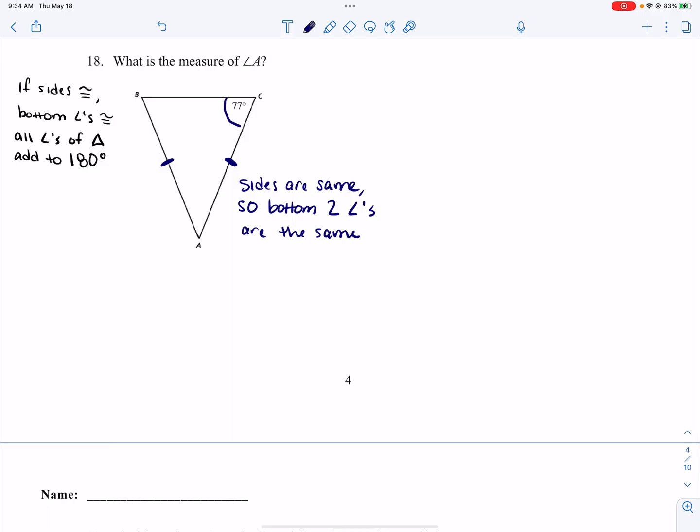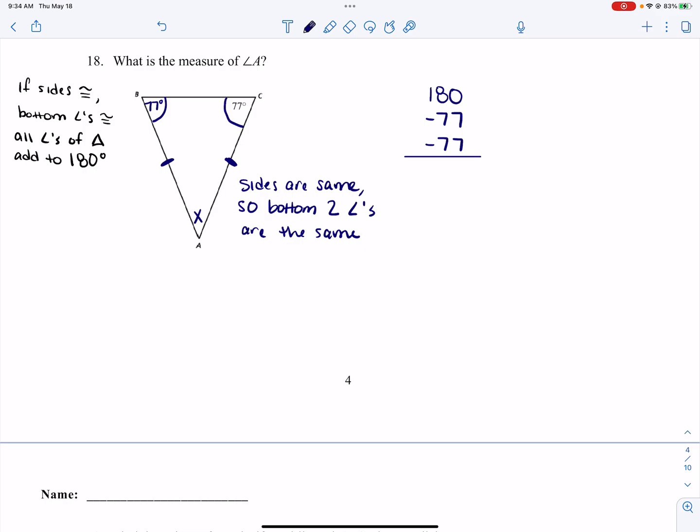So that means that I'm going to mark them like this, because now this is also 77 degrees. Okay, so they're looking for the measure of angle A, so they want to know this one over here. Well, all three of them have to add to 180, and I know two of them, so I'm just going to do 180 minus 77 minus 77.